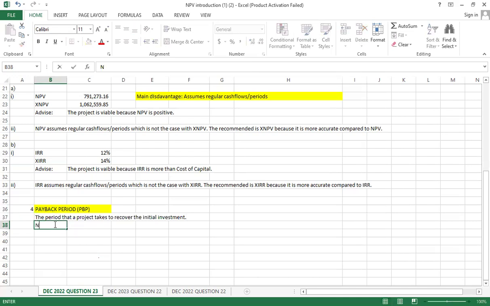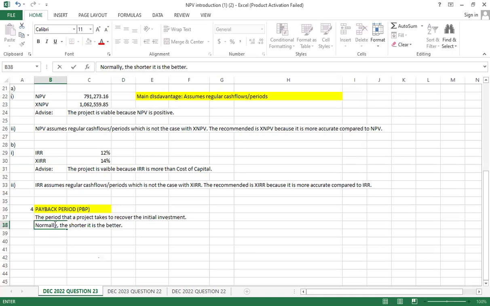So normally the shorter it is, the better. So the shorter the time you take to recover the initial investment, the better, because that will mean that as soon as possible you begin to make profits.